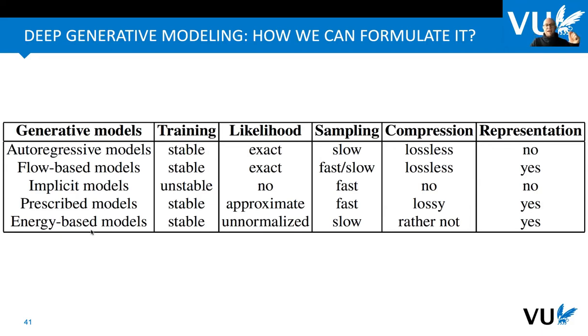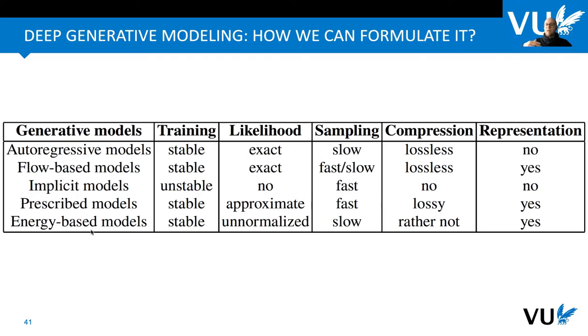And finally, we have energy-based models. For them, training is rather stable. However, we cannot calculate the likelihood because there is this normalizing constant, the so-called partition function, and it is extremely hard to calculate. Sampling is typically slow because we don't have the full distribution.